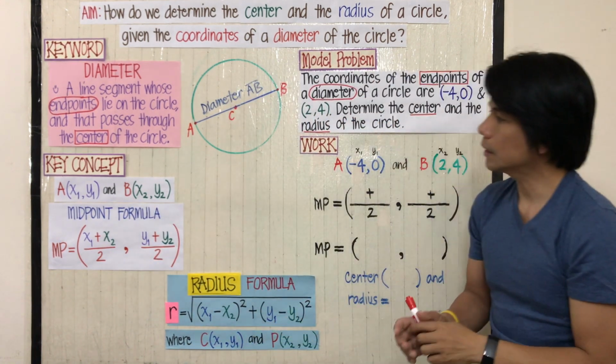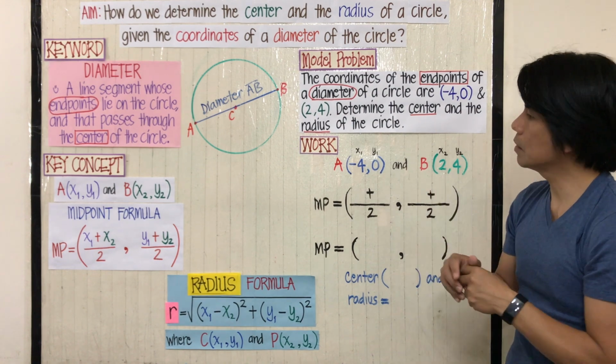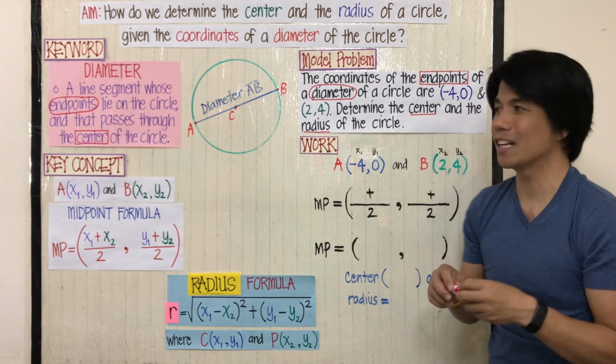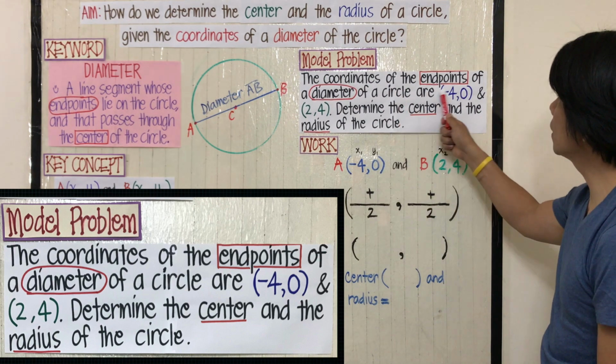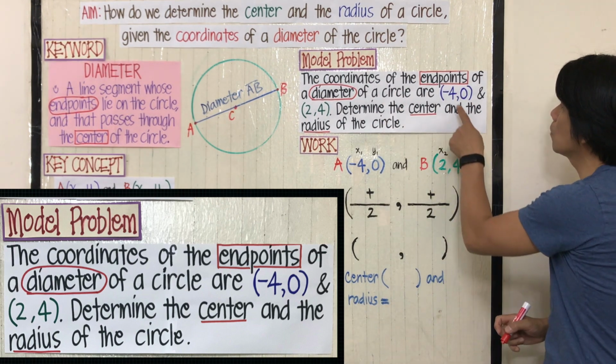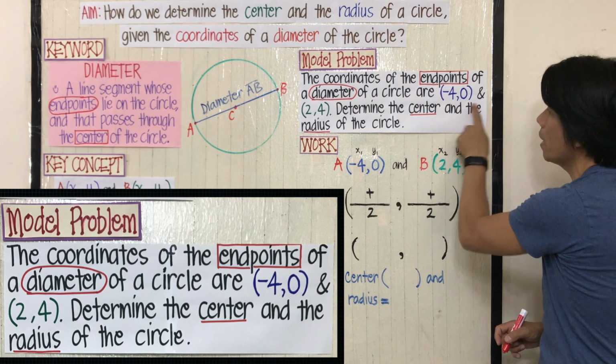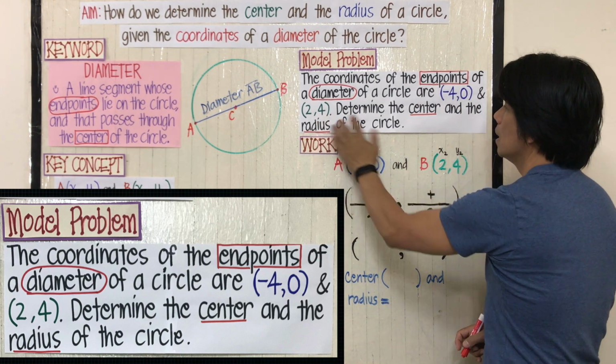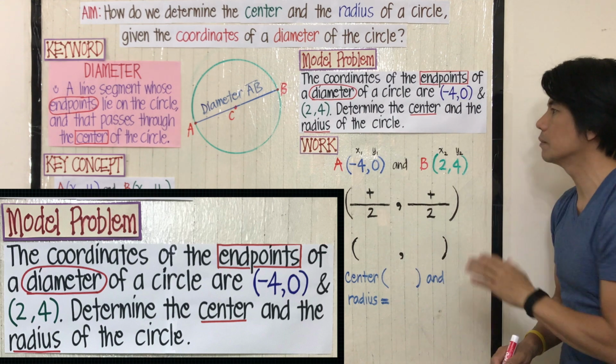Alright? Okay, now let's go straight to the model problem so that you can understand it better. It says the coordinates of the endpoints of a diameter of a circle are the coordinates -4, 0 and the coordinates 2, 4. Determine the center and the radius of the circle.